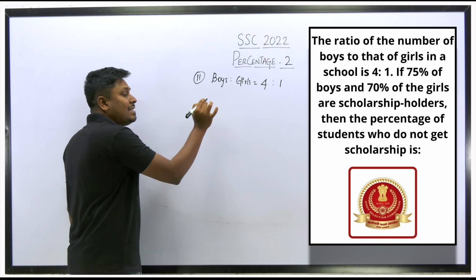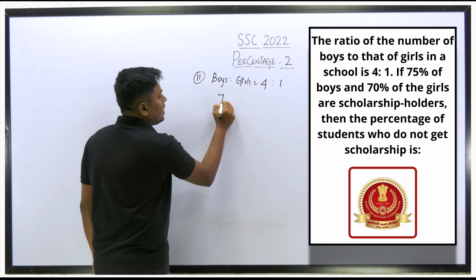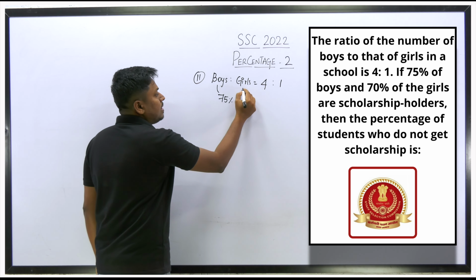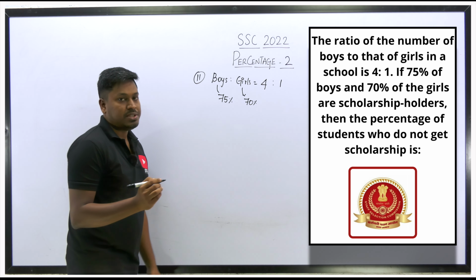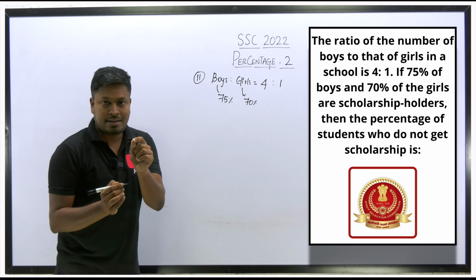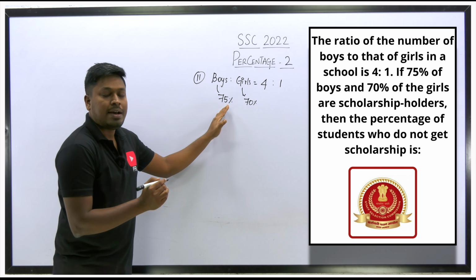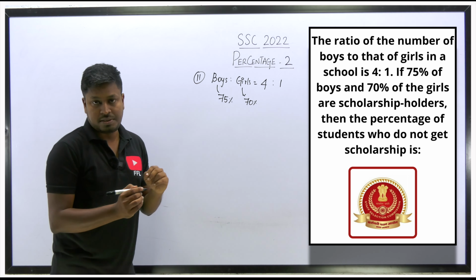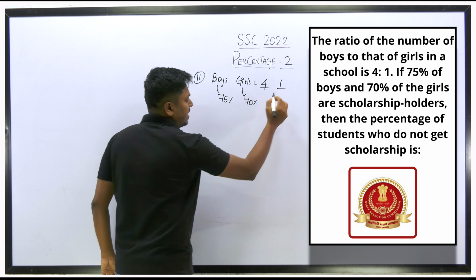Out of boys, 75% got scholarship, and similarly 70% of the girls got scholarship. But our target is to find the percentage of students who do not get a scholarship. The values they have given are for scholarship, but we need to find the students who do not get the scholarship.